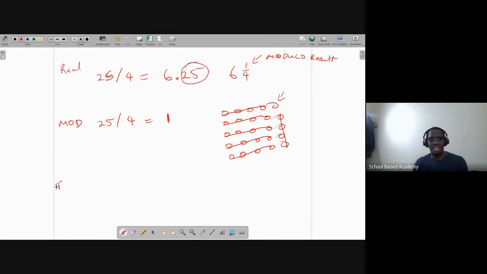This is modulo division, sorry, so I should have had the percent sign there. My integer division is 25 divided by 4. The answer here is 6. It's the same thing. Look at this, right? The groups that I have here: this is one group, this is 2, this is 3, this is 4, this is 5, and this is 6.